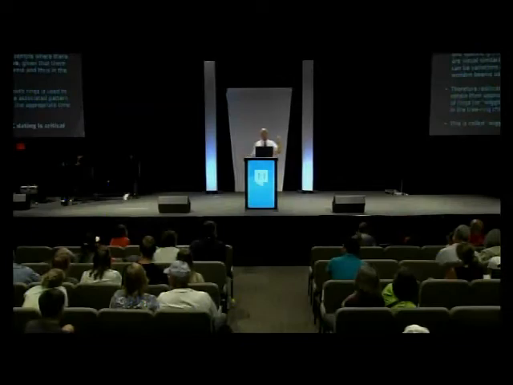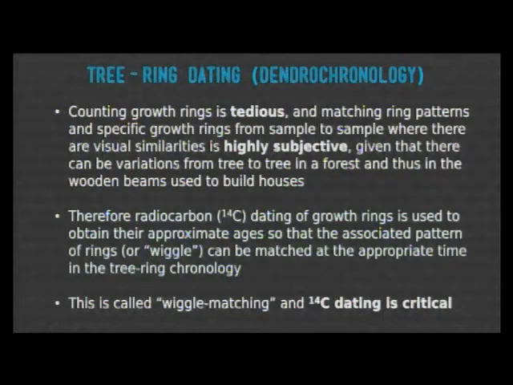Therefore, what do they do? They use radiocarbon to date the growth rings so that they can attain approximate ages to an associated pattern of rings, a wiggle, that can then be matched at the appropriate time in the tree ring chronology. This is called wiggle matching. That's the official term.